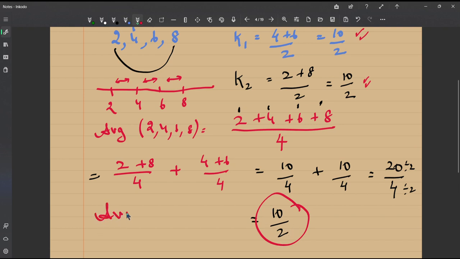So the average of 2, 4, 6, 8 is the same as the midpoint of 4 and 6, that is also 10 by 2, and the midpoint of 2 and 8. So the average is equal to the middle point of the first and the last number of this arithmetic progression.